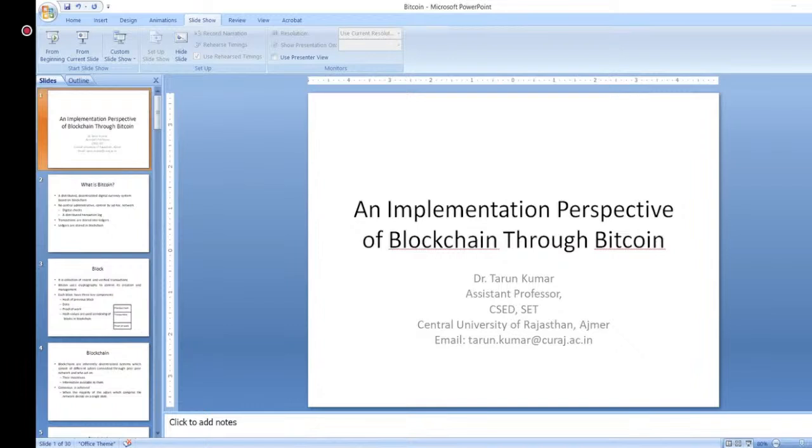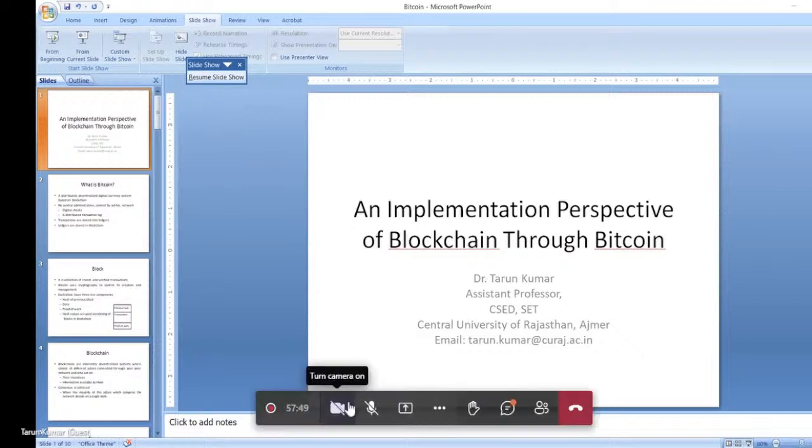In the client-server kind of network, there is a server. Excuse me, sir, only the first page is visible. I think the page is not rolling down. Actually, I am changing the slide. This is the fourth slide. We are able to see the first slide only.